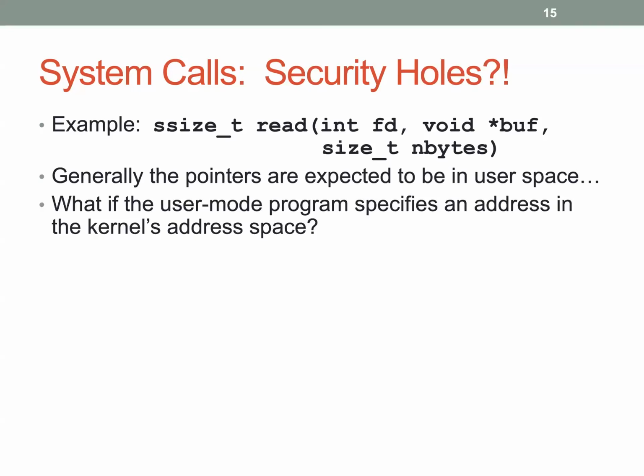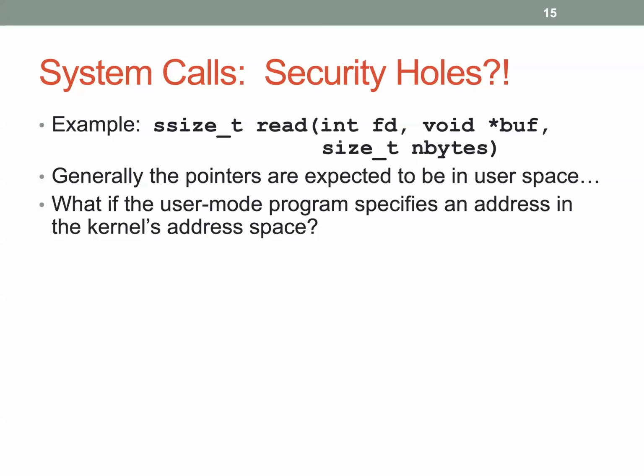And so this is one of the major issues that you have to think about when you build system call implementations. If a user mode program passes along an address that's important in kernel space and the user program didn't touch it, it just passed it, and says, hey, kernel, here's a pointer. Why don't you go ahead and use it?